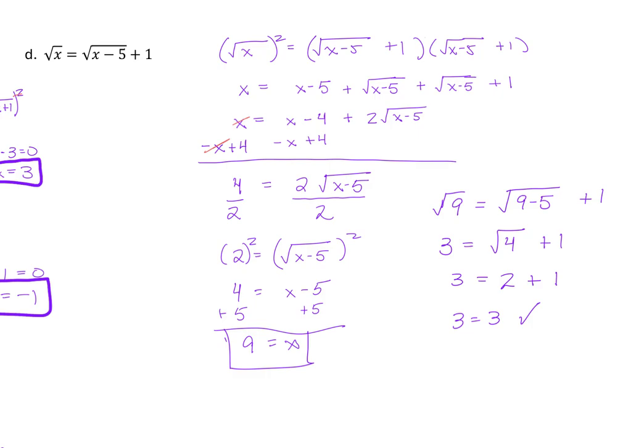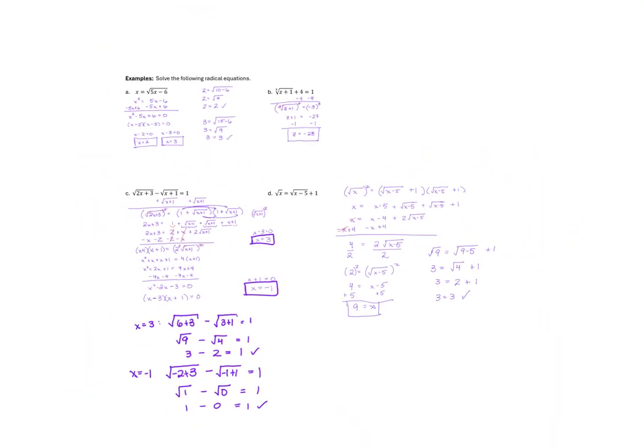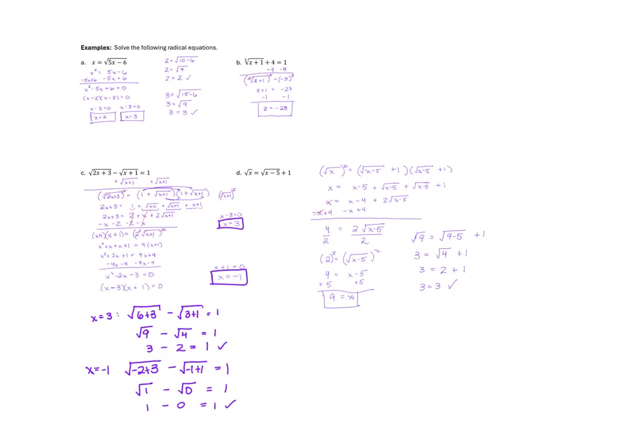Okay, and so even though all of these worked, that is not always the case. All right, that is solving radical equations. And as I said, examples C and D are some of the more complicated versions. These are the most complicated versions that you will run into in terms of algebra classes.